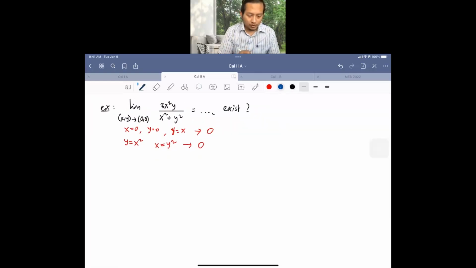Now, let epsilon be a positive number and delta also positive.